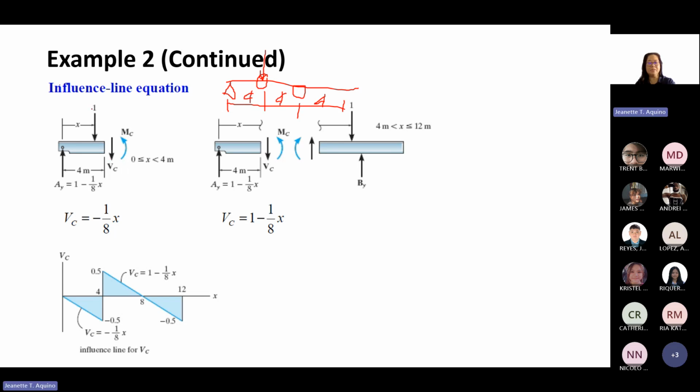And then we put the load 1 at distance x, and this length is 4 meters. How did we get AY? We have to solve AY first.